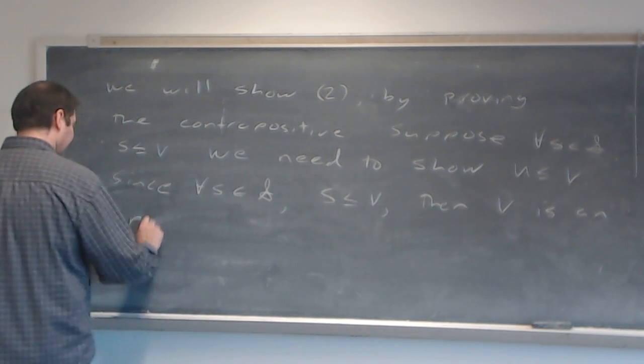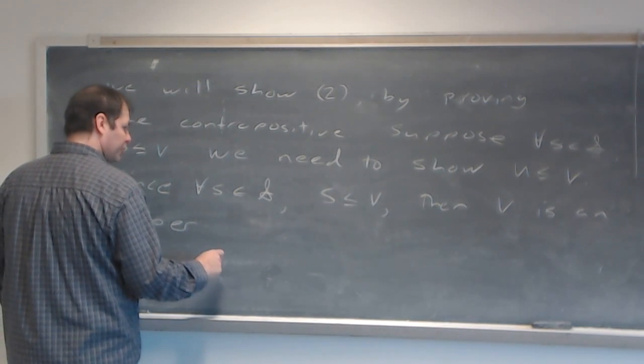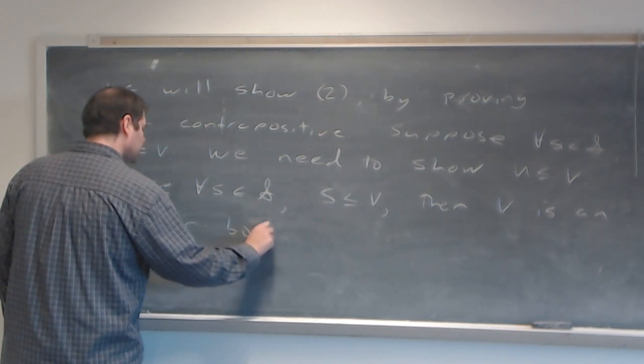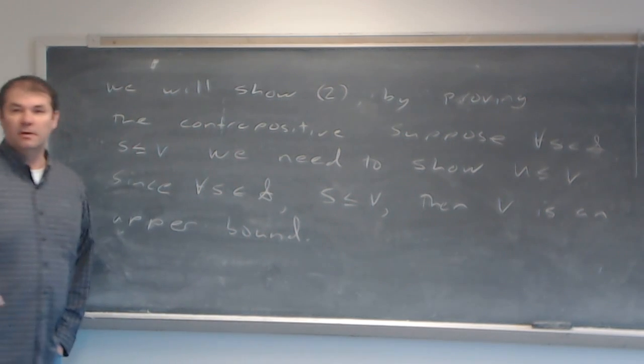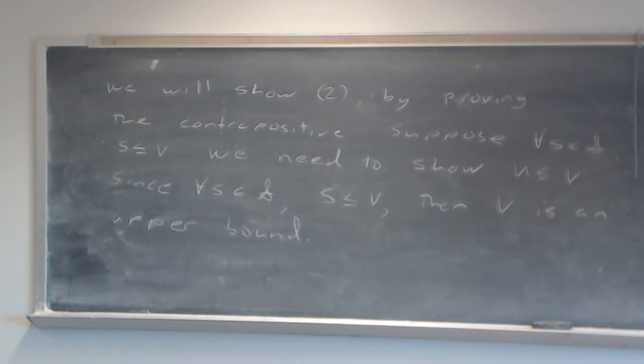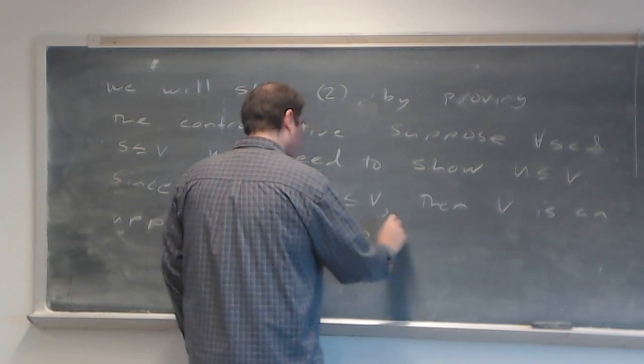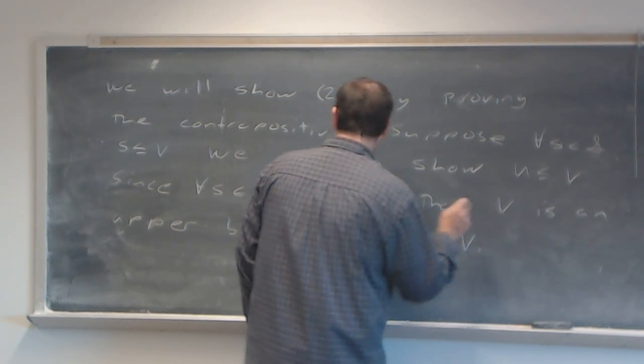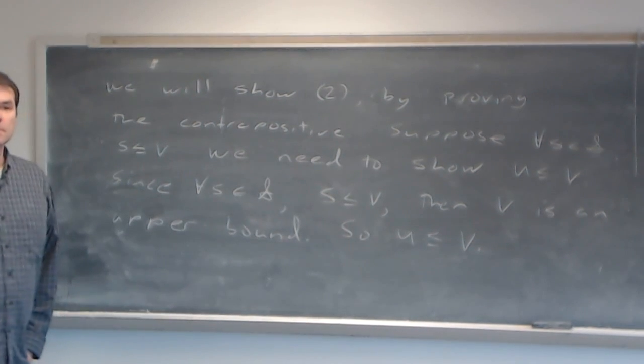Remember, we're assuming that U is the supremum. So what does it mean to be the supremum? For U to be the supremum, if you give me any upper bound, how does the supremum compare to it? It's less than or equal to. It's the least upper bound, the smallest. So that means U has to be less than or equal to V. And that's what we wanted to show.